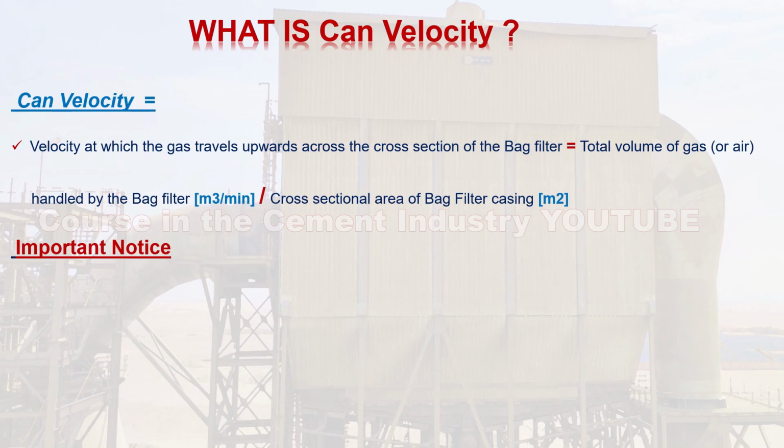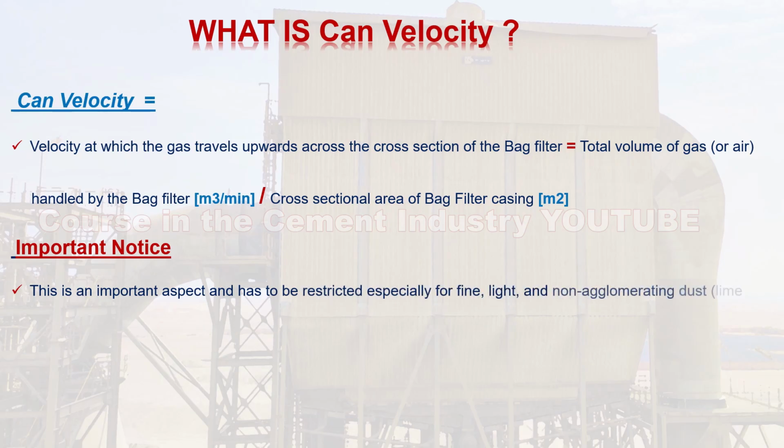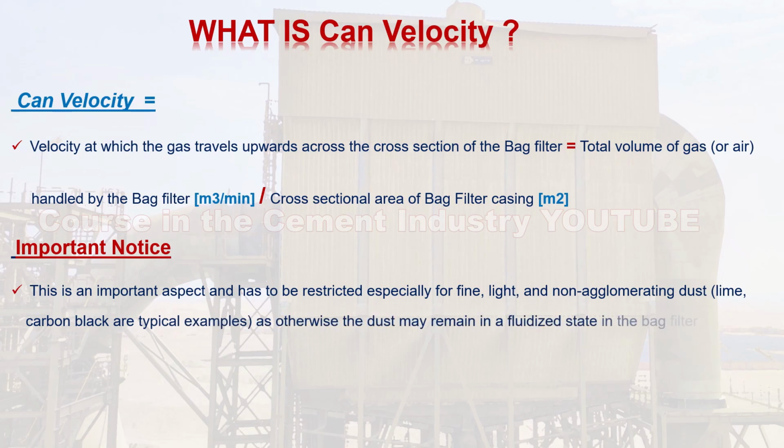Important notice: this is an important aspect, and has to be restricted especially for fine, light, and non-agglomerating dust. Lime and carbon black are typical examples, as otherwise the dust may remain in a fluidized state in the bag filter and not get discharged from the unit at all.